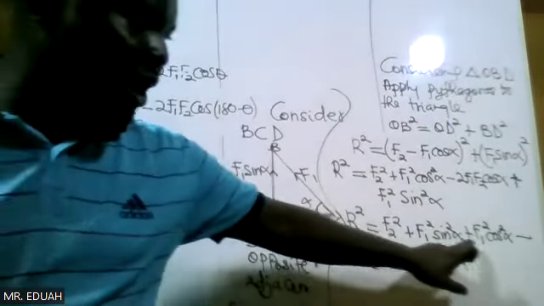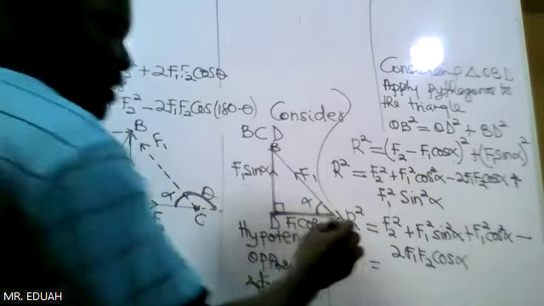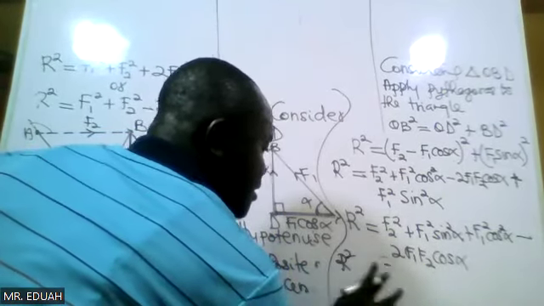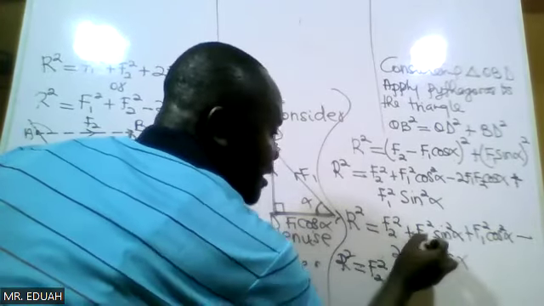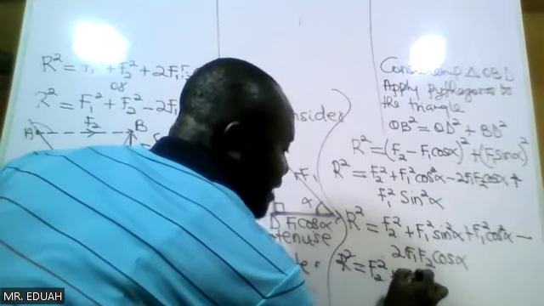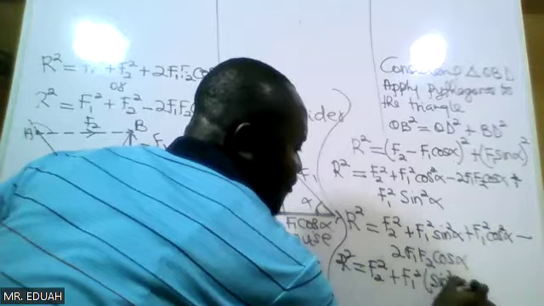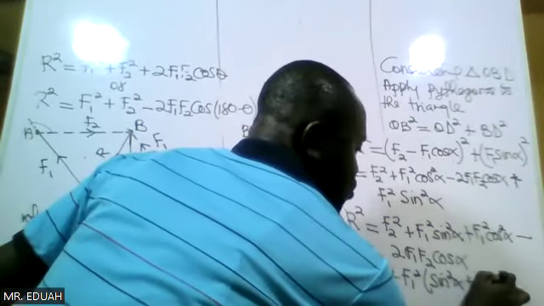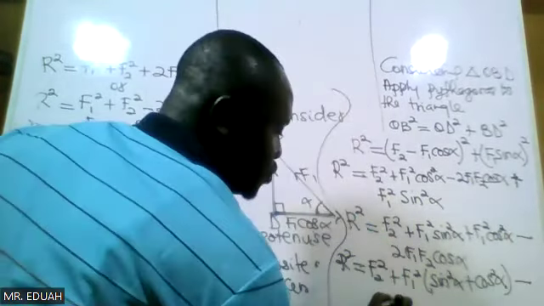You can factorize out F1 squared. So R squared is equal to F2 squared, and when you pull out F1 squared, you have sine squared alpha plus cos squared alpha, minus 2F1 F2 cos alpha.